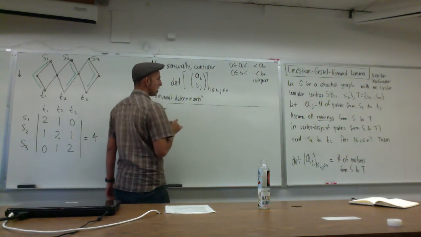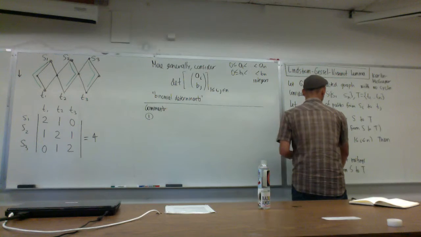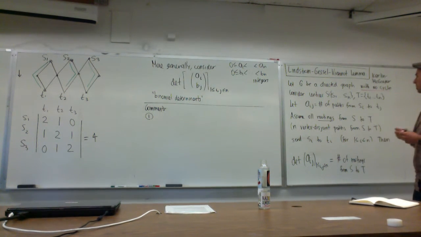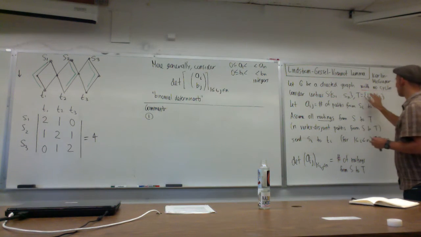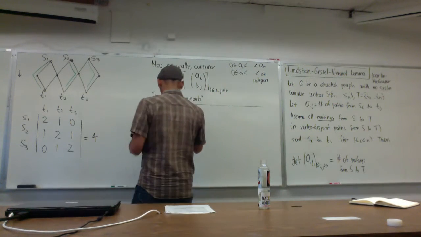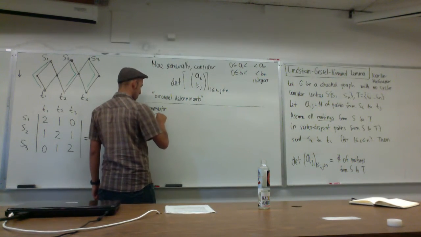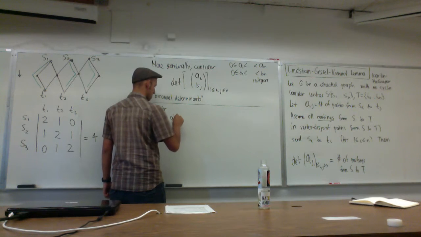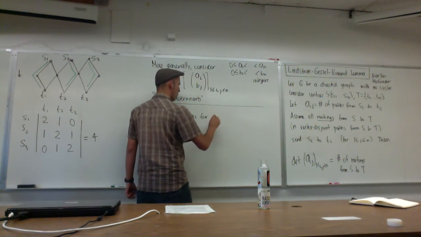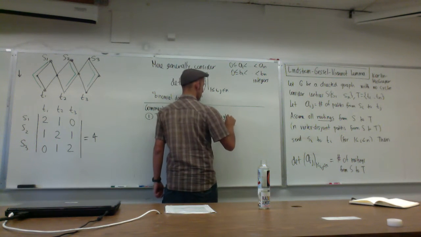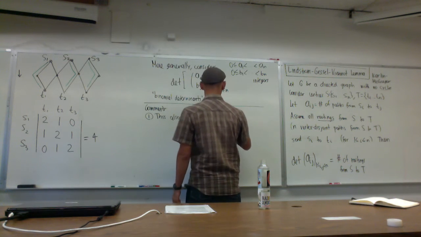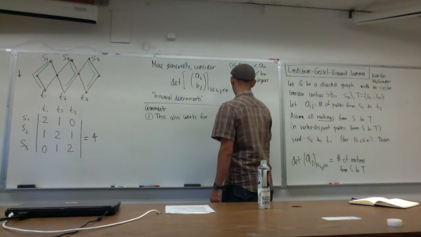So the first comment is that we made this assumption that there's no cycles. Actually, no, let me start with a more important comment, which is that this also works for weighted paths, for G with edge weights.